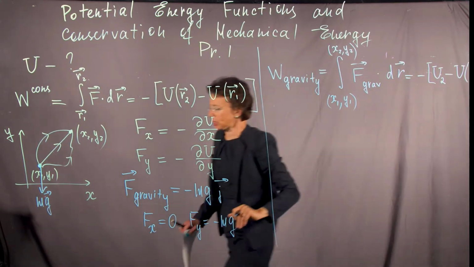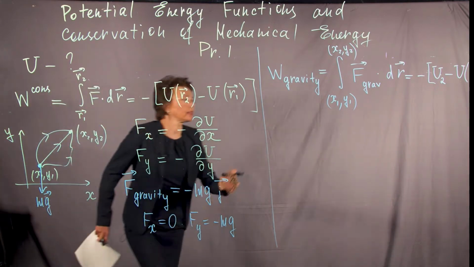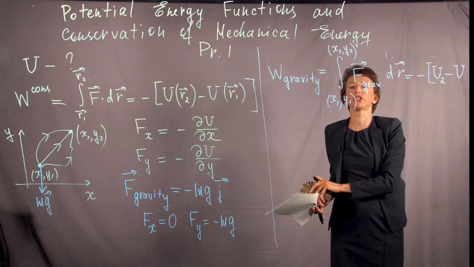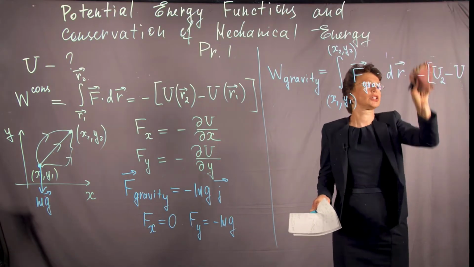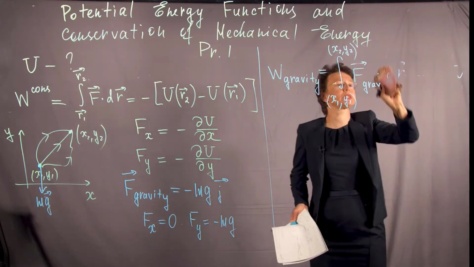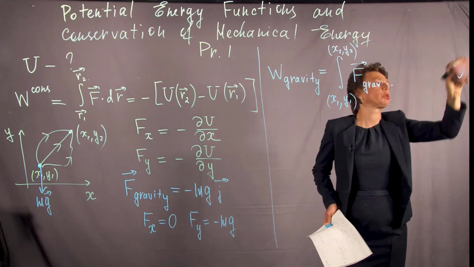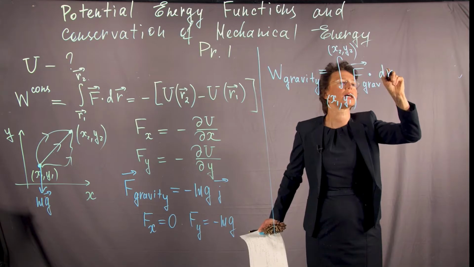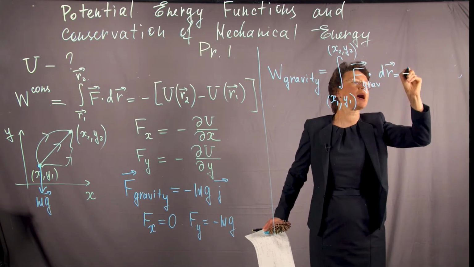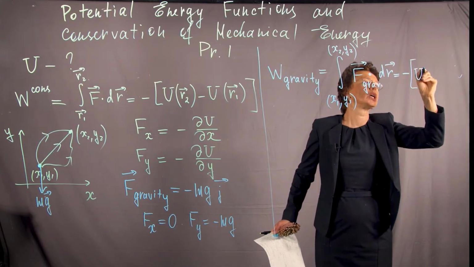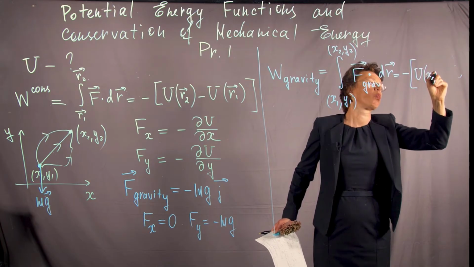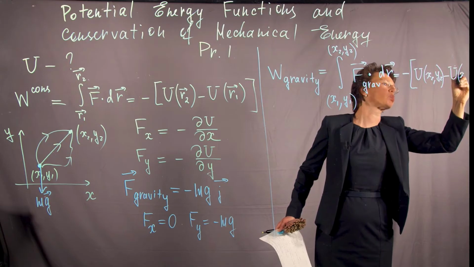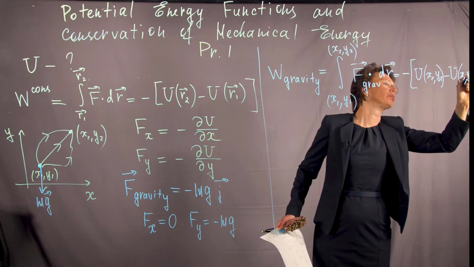I'm sorry, let me take the eraser. I will rewrite it one more time. So force of gravity dot dr, and this is equal to minus U at x2, y2 minus U at x1, y1.